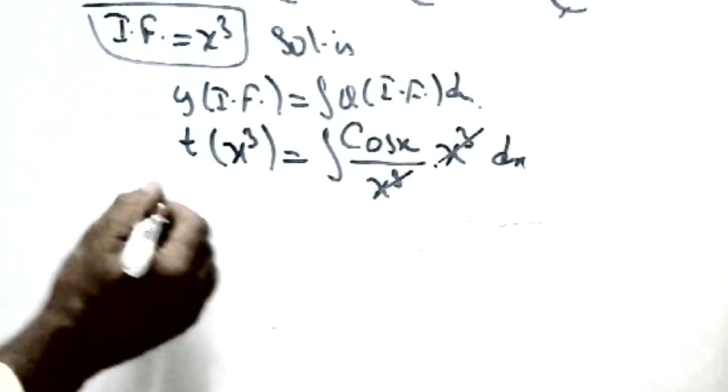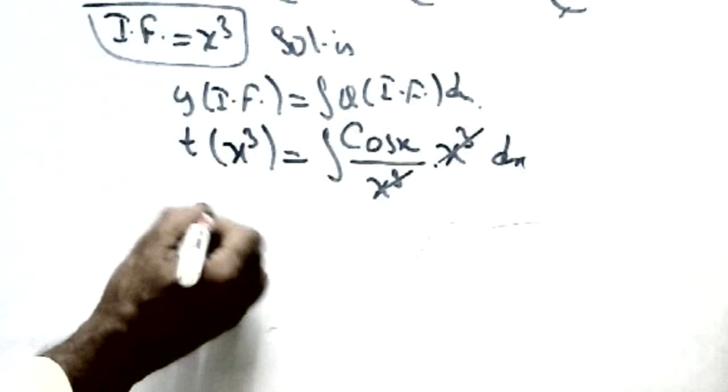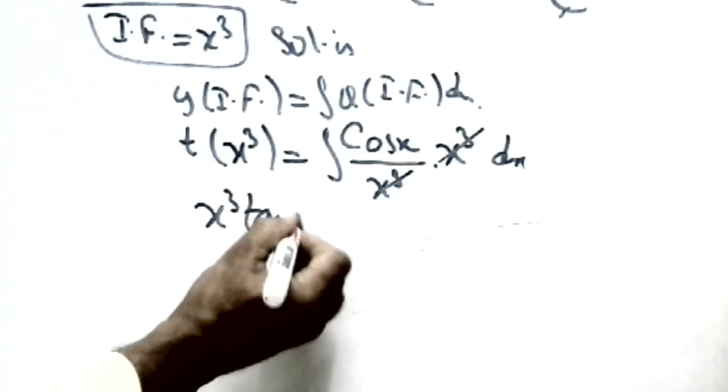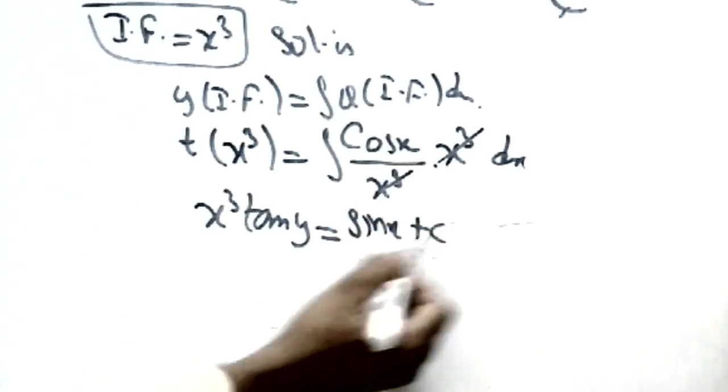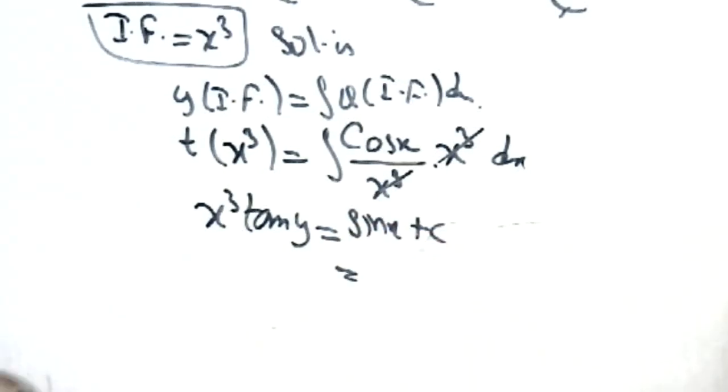So x cube will get cancelled. Now what is the value of t? Initially we supposed t as tan y. So this will be x cube into tan y. Integration of cos is sine, so sine x plus c.